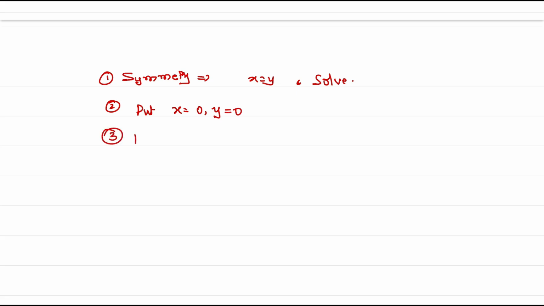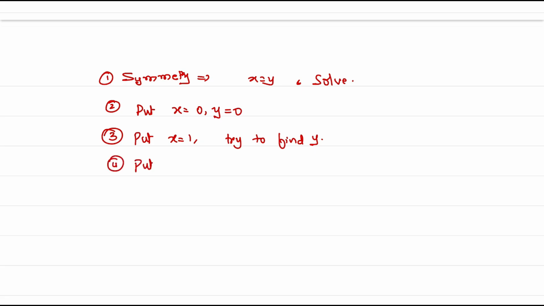Third, put x is equal to 1, because we have already seen x is equal to y. Then if you put x is equal to 1, can we get any solution for y? Try to find y. And put y is equal to 1 and try to find x. In case of natural logarithm, try to put x is equal to e and try to get solution.